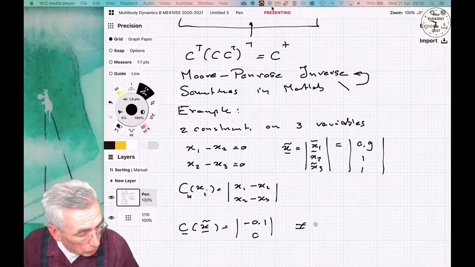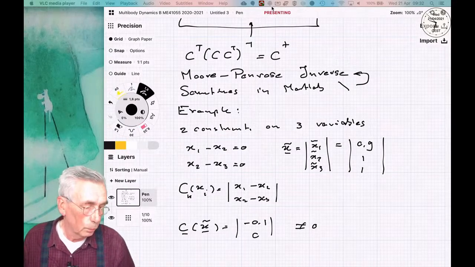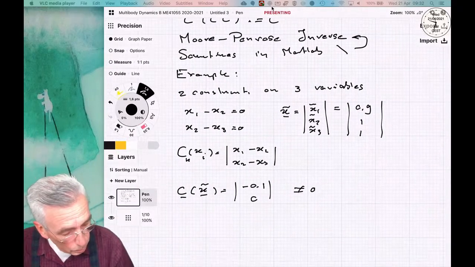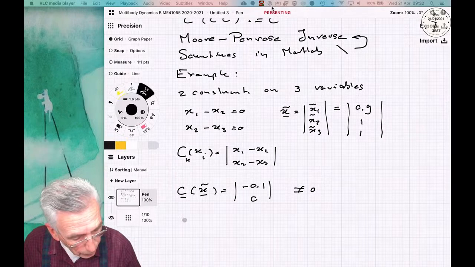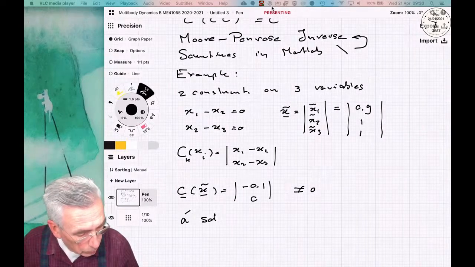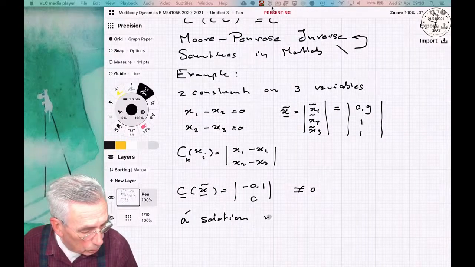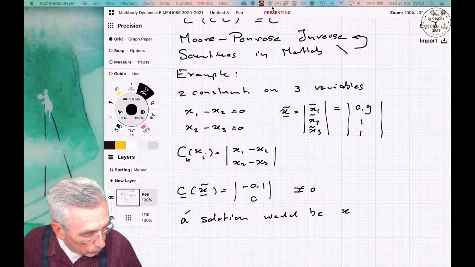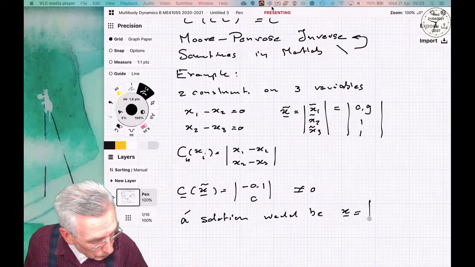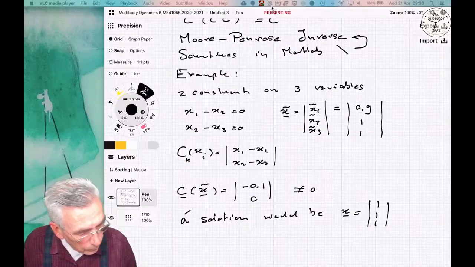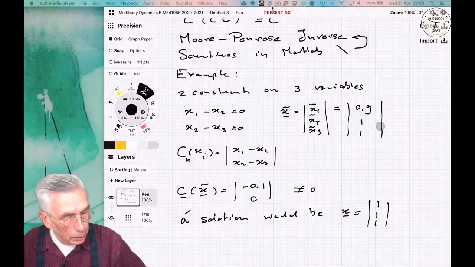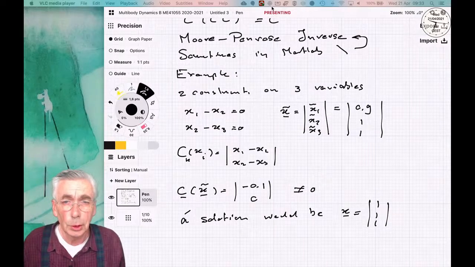But it's not all 0, so we have to solve that. And of course a smart mouse would say make them all equal. So a solution, and I say a, I do not say the solution, but a solution would be that the real x is 1, 1, 1. But then the question is, is that the nearest one to this solution? Is that the shortest one?